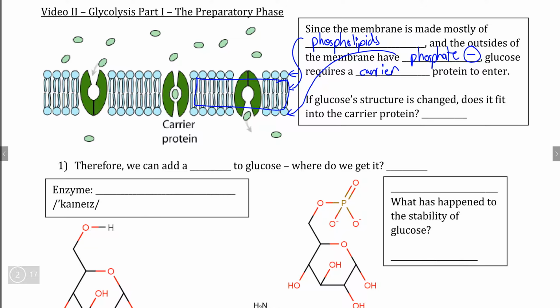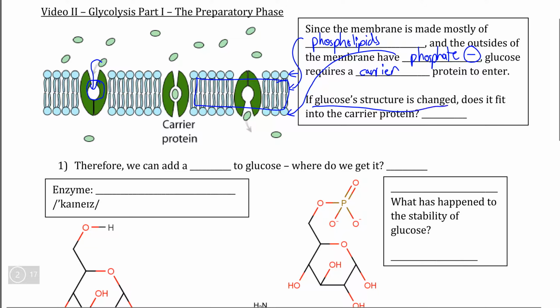Well, as a hint, the way that carrier proteins work is that they have an active site that has complementarity, both in terms of size and polarity, that restricts only a specific substance from being able to get into the cell, but not other substances that have a different size and a different charge.